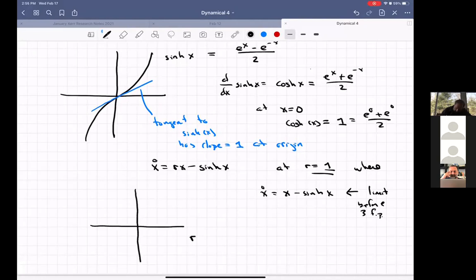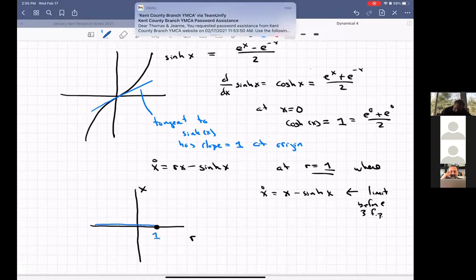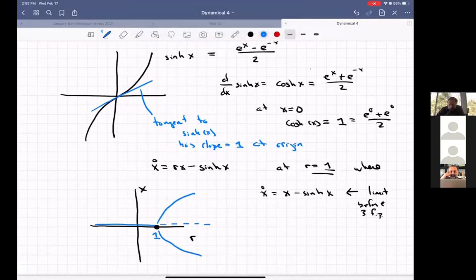If I draw r versus x, anything for r anywhere less than 1, the origin was a stable fixed point, and then after 1, the origin became unstable, and I have 2 stable fixed points around it. So I can find where the locus of the pitchfork happens. The locus of the pitchfork happened at the parameter value r equals 1 in this case.